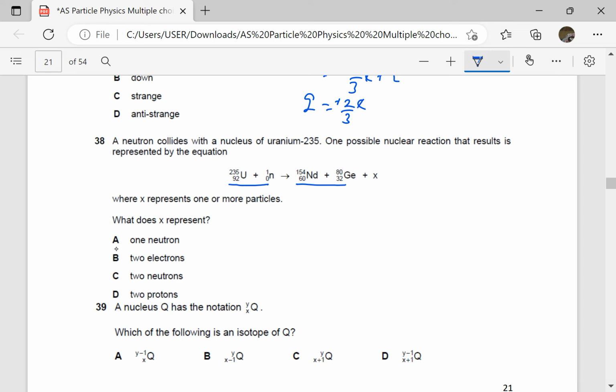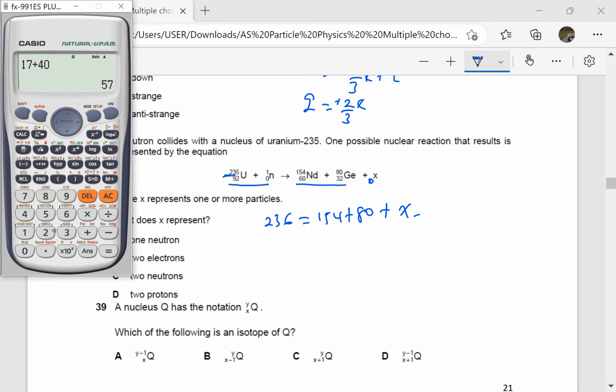Then nucleon number: here it is 236, 235 plus 1, that is 236, which is equal to 154 plus 80 plus those of X. So we have 236 minus 154 minus 80.